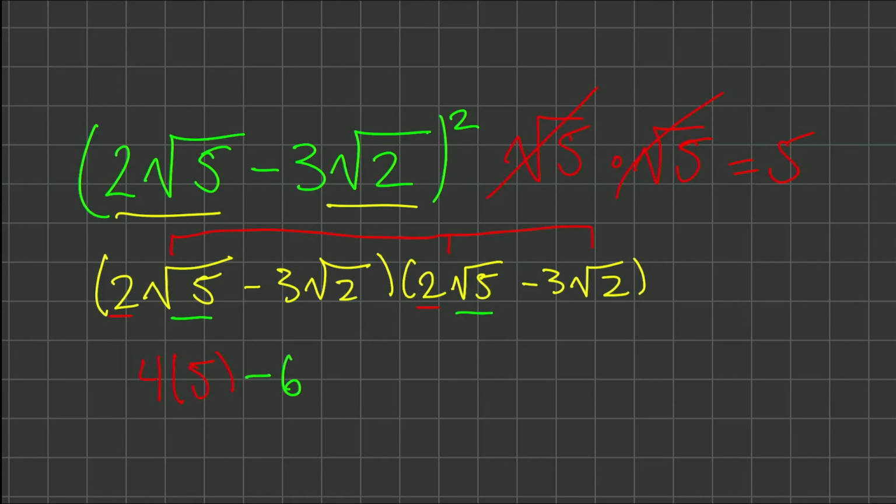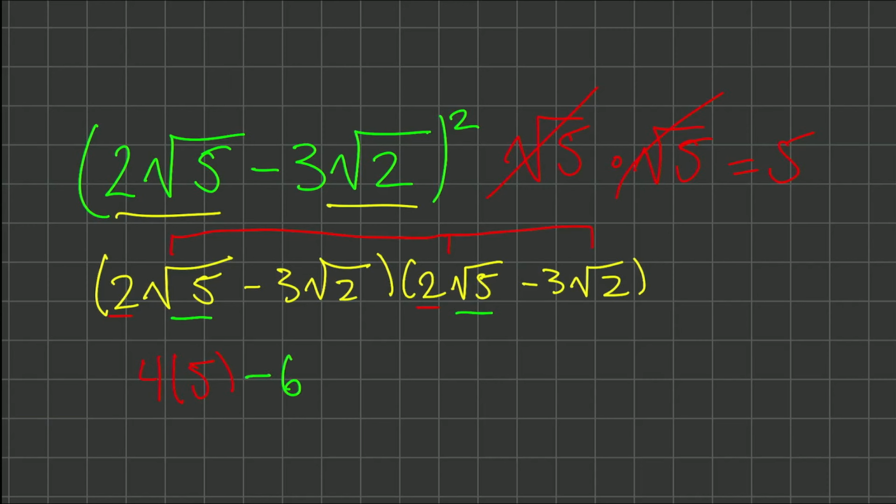Now let's break down and simplify further. 4 times 5 is 20, and 9 times 2 is 18, so we have 20 plus 18. And we have negative 6 root 10 minus 6 root 10. Since these radicals both have an index of 2 and the same radicand, we can add the coefficients.